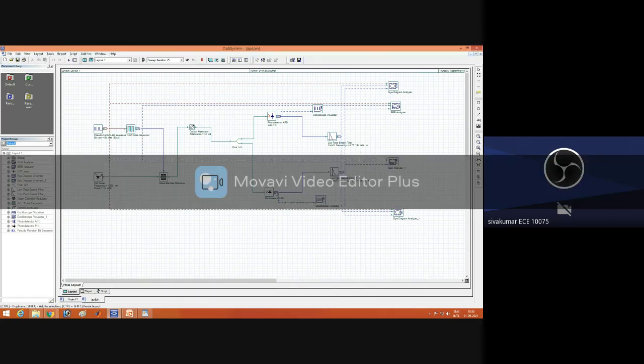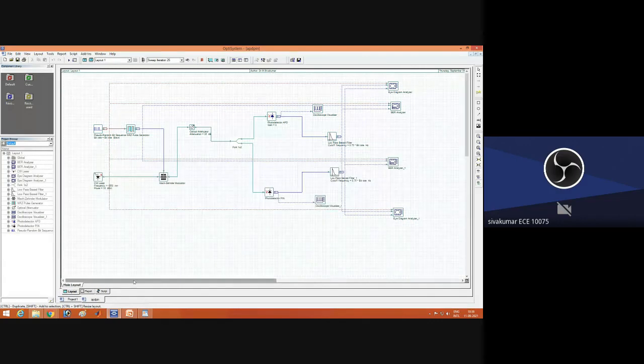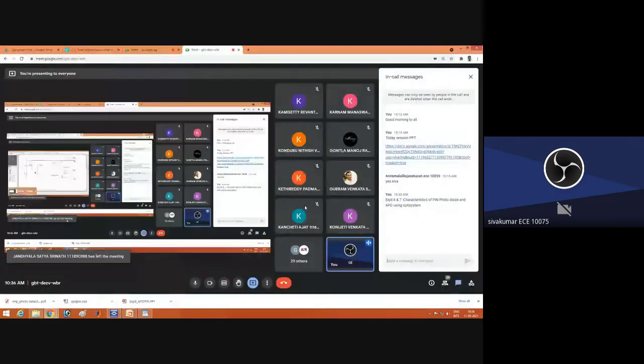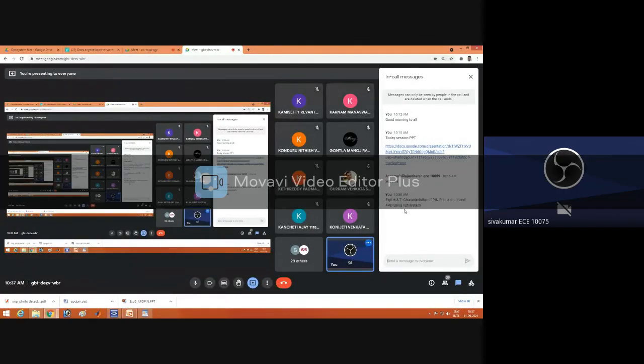After attenuator, just connect pin photodetector, just compare the maximum Q factor and bit error rate. Okay, these are what we call experiment 6 and 7, characteristic of pin photodiode and avalanche photodiode using OptiSystem. Okay, can you do the experiment now?